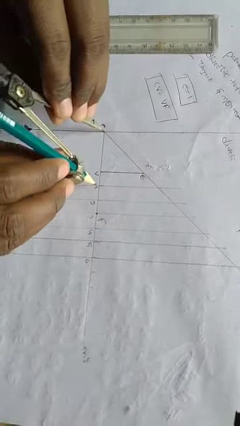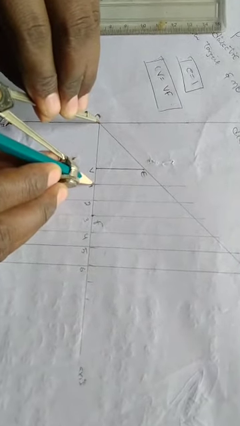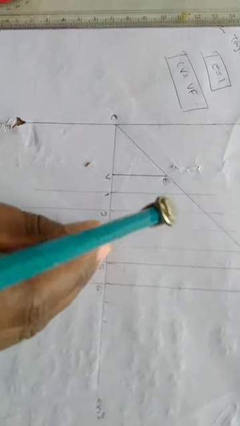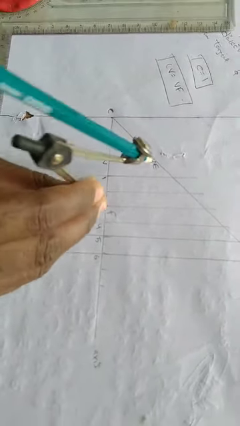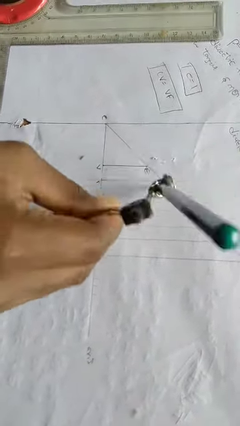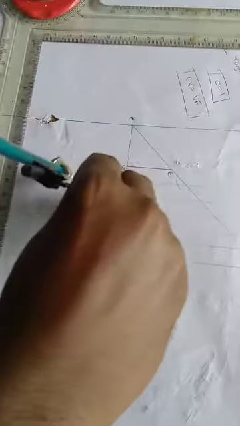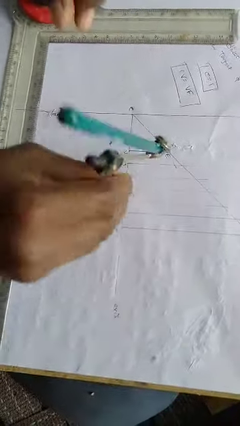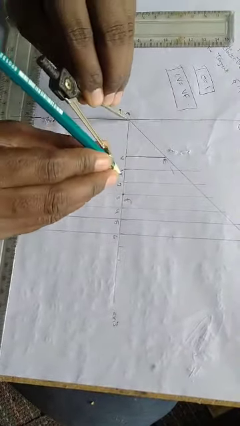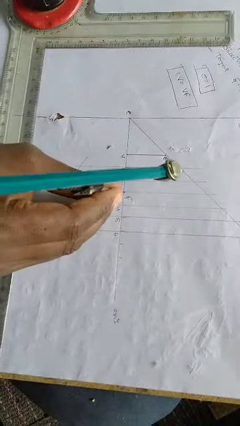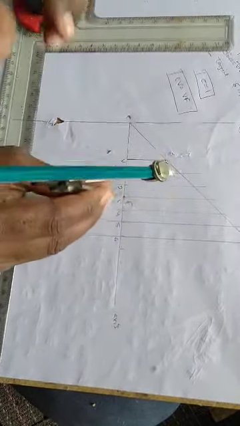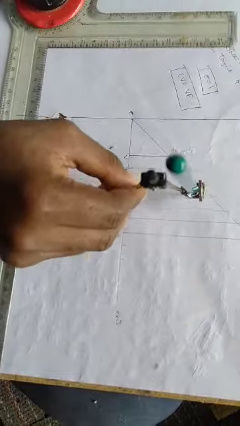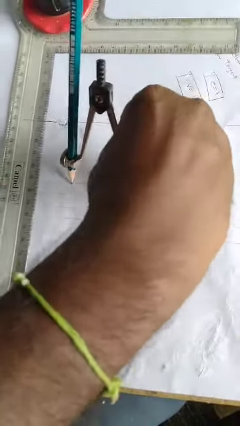From F, the focus, as the center, cut an arc on line 1. Next, take C2 as the distance, and from F as the center, cut line 2.